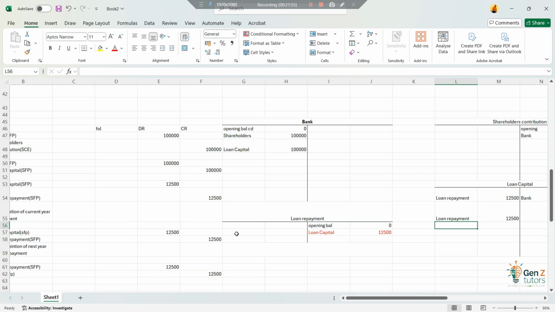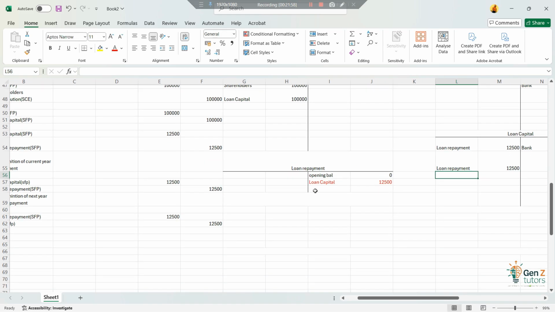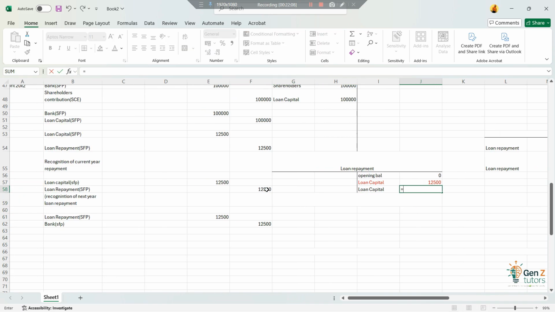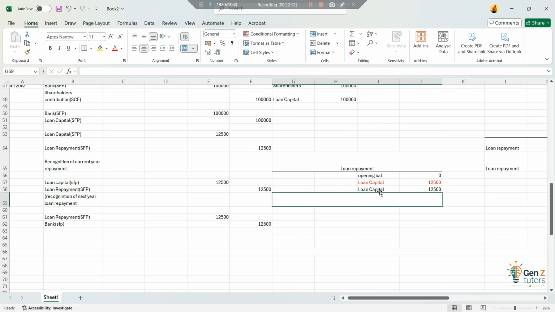And then from there, again, we say loan capital, and say it is how much? 12,500, right? So this other one, it's the black one, the other one is the red one.